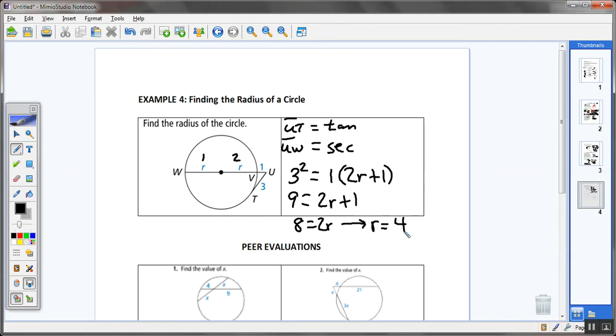And check it. If this radius is 4, and this is 4, it simply means that if I take my outside secant of 1 times my whole length right here of 9, I've got 9, and 3 squared right here is 9.